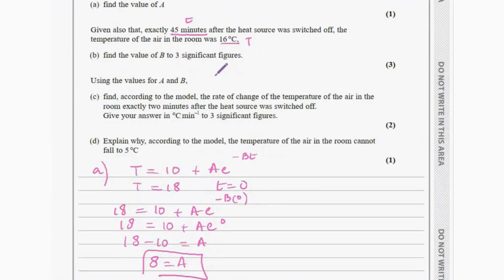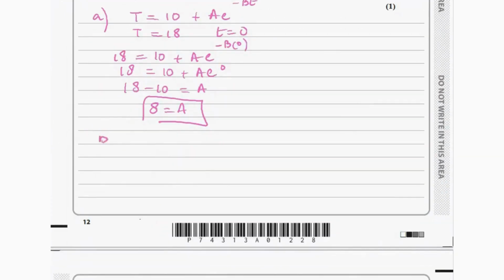So now it's going to be 16 equals 10 plus 8 times e to the power of negative B times 45. 16 minus 10 divided by 8 equals e to the power of negative 45B. So that's going to be 6 out of 8.